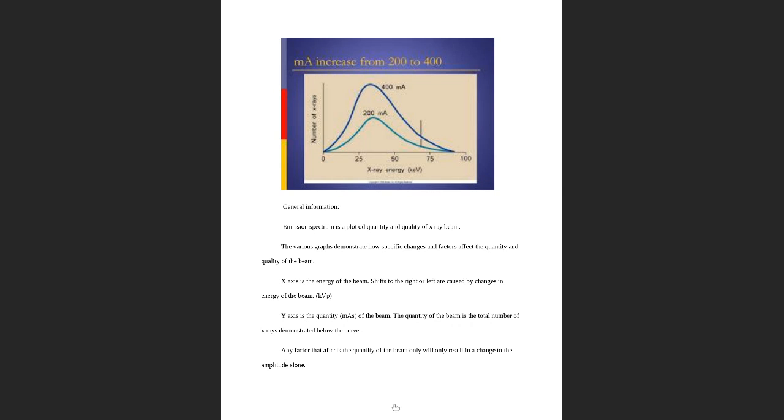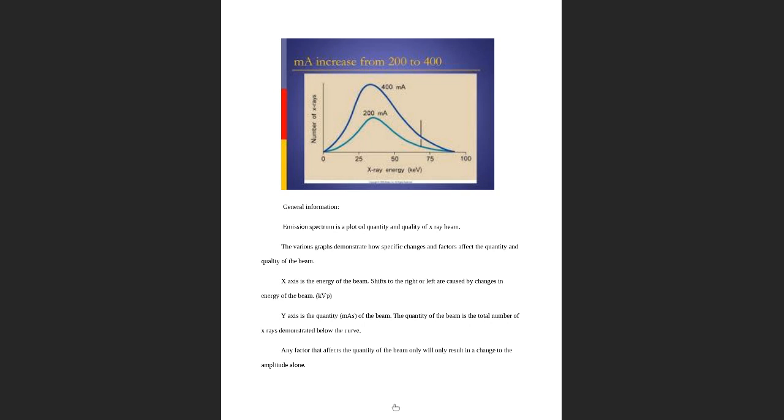We know that filtration will decrease the quantity, but the other side of filtration is that it increases the quality. Generator phase depends on whether we're going up or down. If we increase the generator phase to one that has a lower voltage ripple, then we're going to increase both the quantity and quality of that beam.